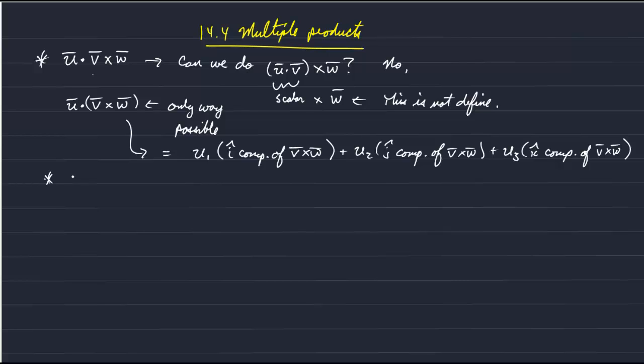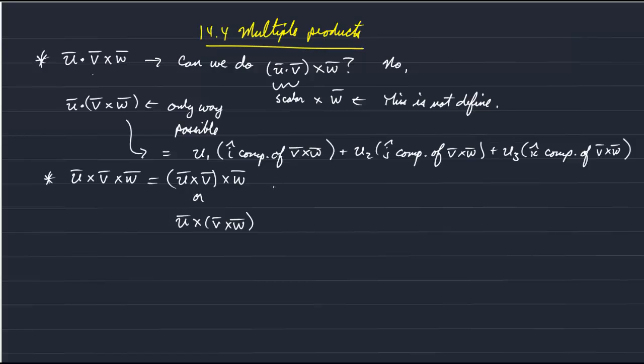Now let's consider u crossed with v crossed with w. So that could either mean u crossed with v and then crossed with w, or u crossed with the cross product of v crossed with w.